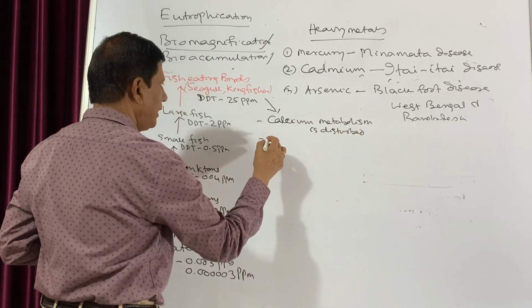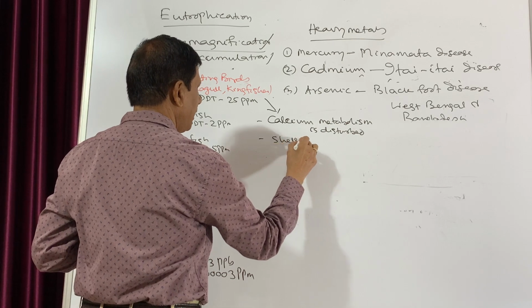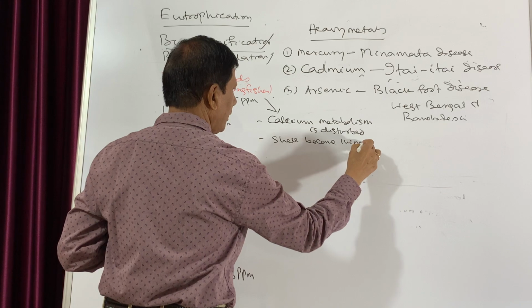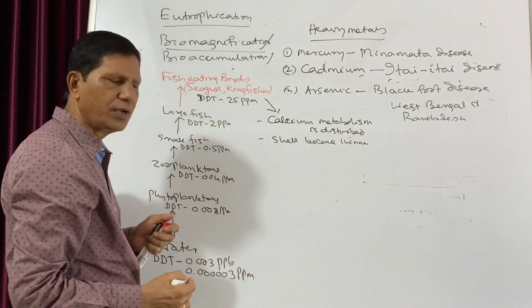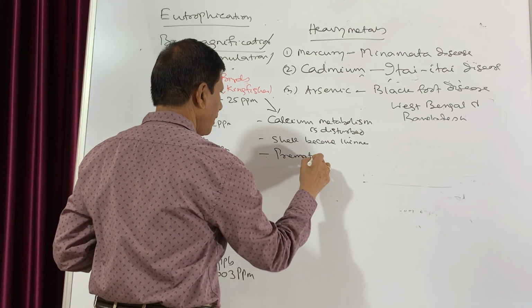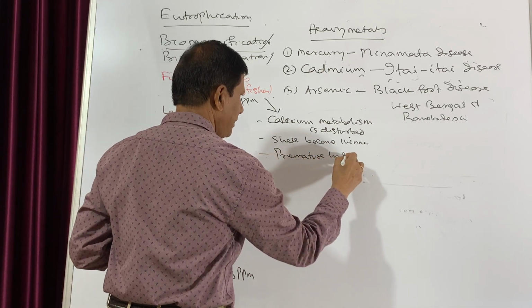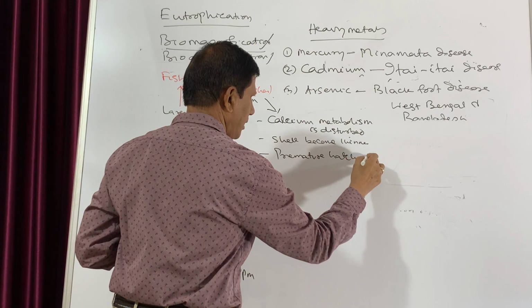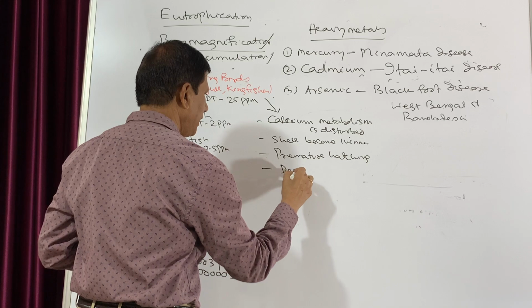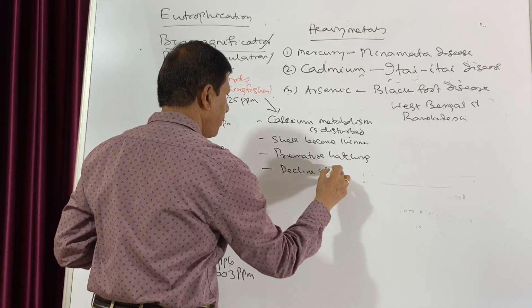Then the shell of the eggs becomes thinner, there is premature hatching, and ultimately this will lead to the decline of the bird population.